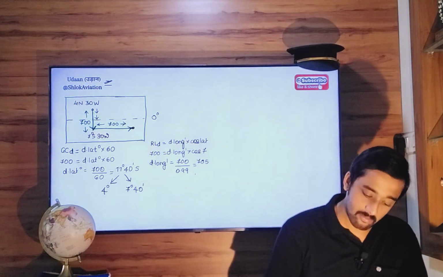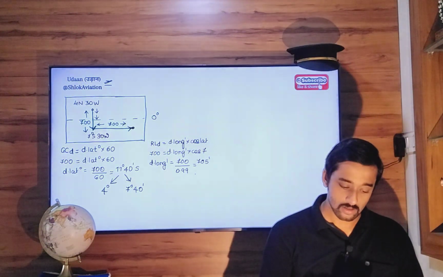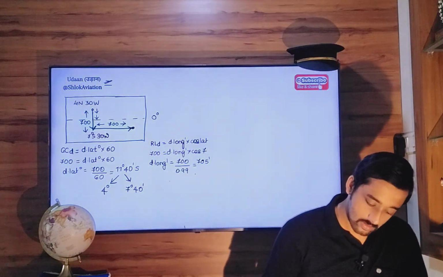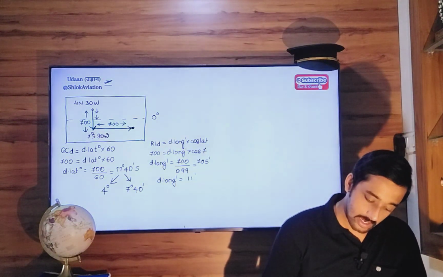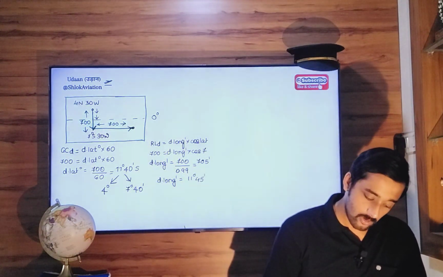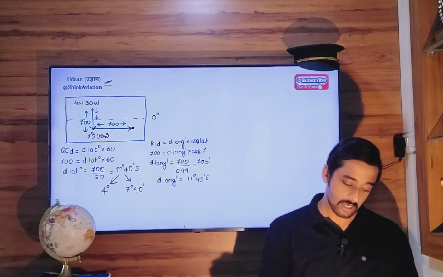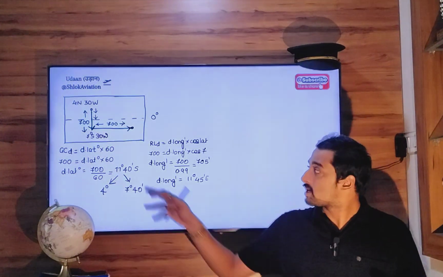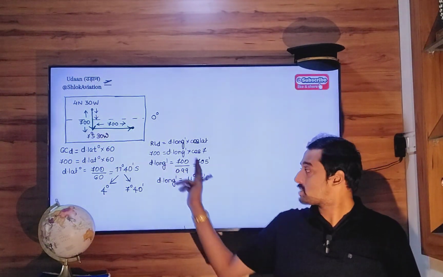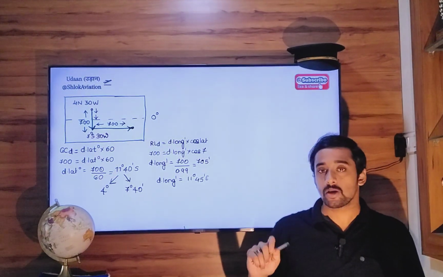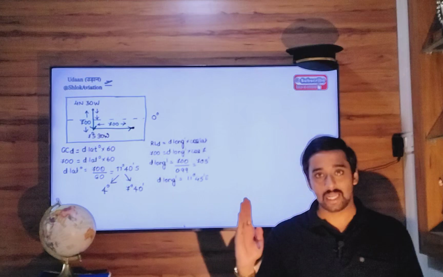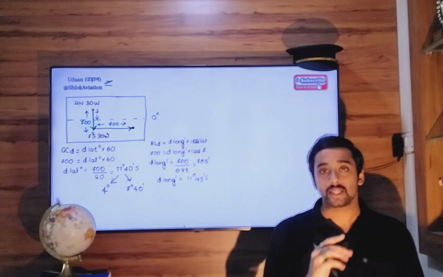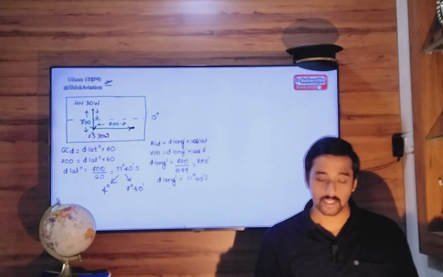minutes. 705 minutes, which is equal to 11 degree 45 minutes east. That means new longitude will be 30 degree west minus this difference. Why minus? Because now you are in the western hemisphere, 30 degree west. When you are in the western hemisphere and you travel eastwards, the values of longitudes decrease.